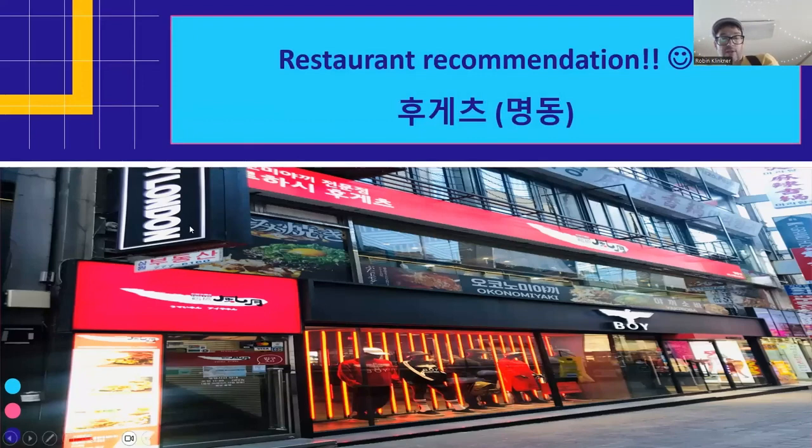It's called Fuget's, and they have great okonomiyaki, yakisoba, donbeyaki, and probably other things that I don't know, but they're really delicious. They cook it on a flat grill in front of you. I know they have good draft beer if you like beer, very cold. So, highly recommend this. I wish I was there right now.